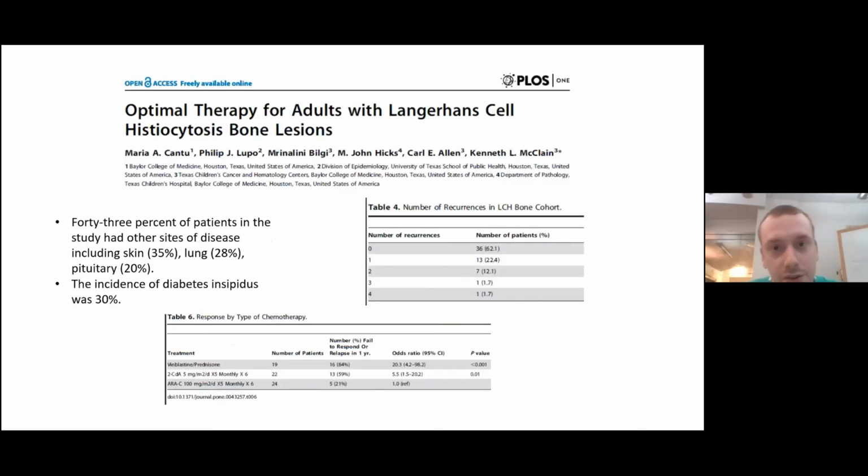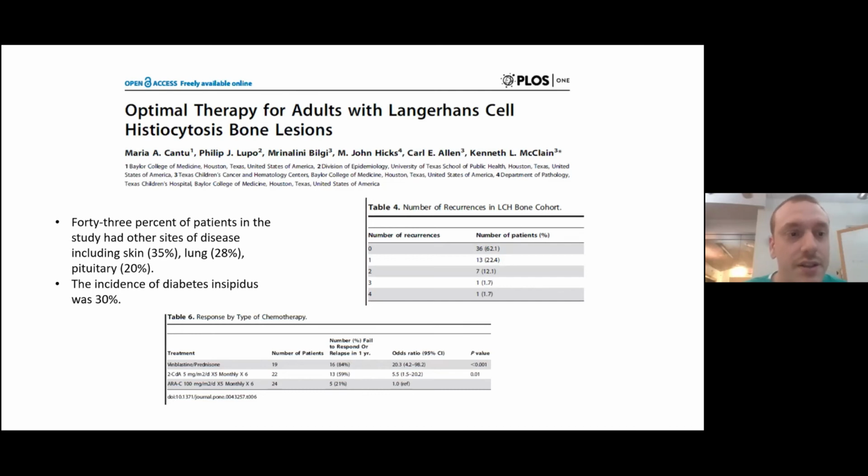I found this paper which talks about the optimal treatment for adults with Langerhans cell histiocytosis. Basically, they looked at 58 adult patients with bone lesions.